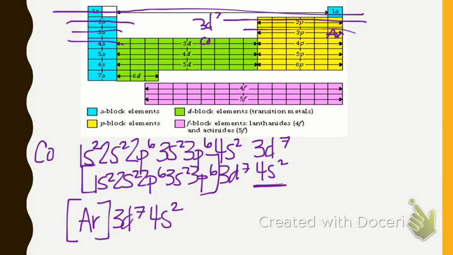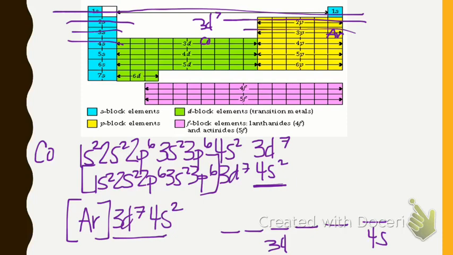Okay? If I was going to write, and this is the only one we'll do this on, the orbital diagram for the last valence electrons, I would just do this. I would say 1, 2, 3, 4, 5 for 3d. And then 4s is down here. At this point, I have 18 electrons with argon.